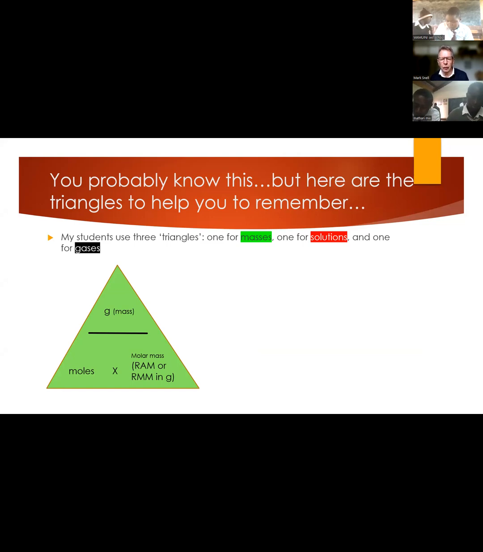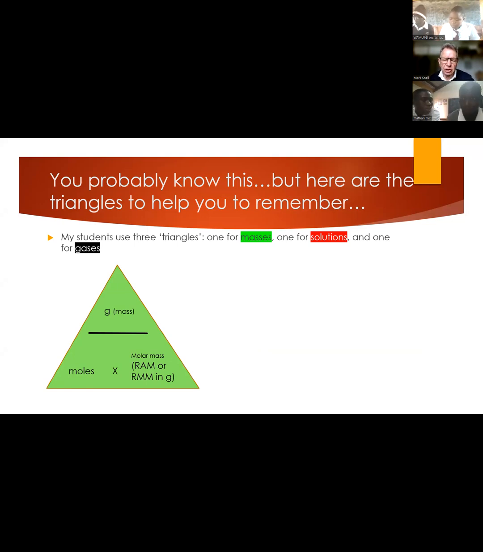It may be useful for you to write it down. So mass goes at the top, grams. Moles is bottom left. And the molar mass, the RAM or the RMM or the MR, it doesn't matter what we call it, it's the molar mass, goes at the bottom on the right.